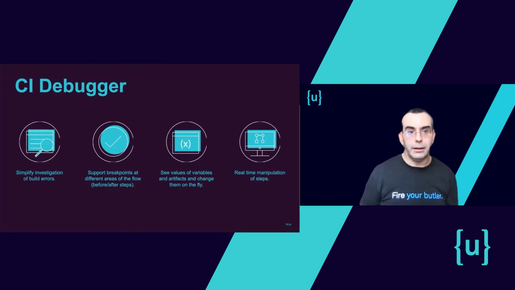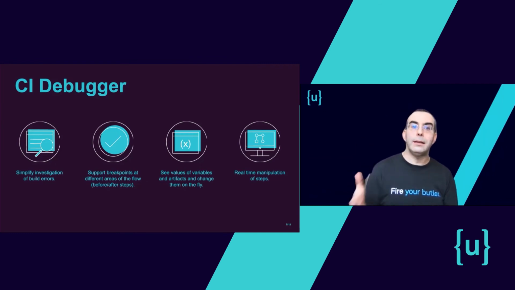To make it easier, we are introducing a debugger, which is very similar to the debugger that you have in your IDE and can really help you to investigate the issues. What you can do with the CI debugger is place breakpoints in different areas of the pipeline. And then when you run the pipeline in debug mode, you can see the values of the variables.